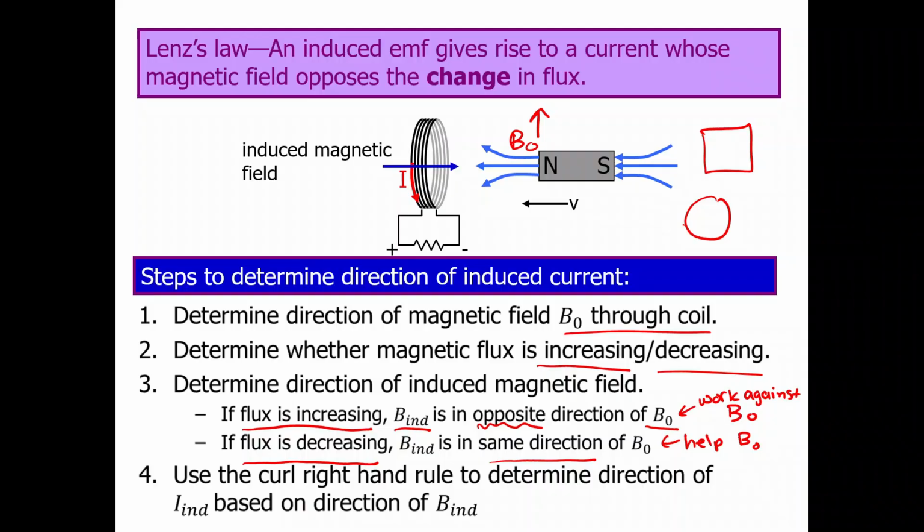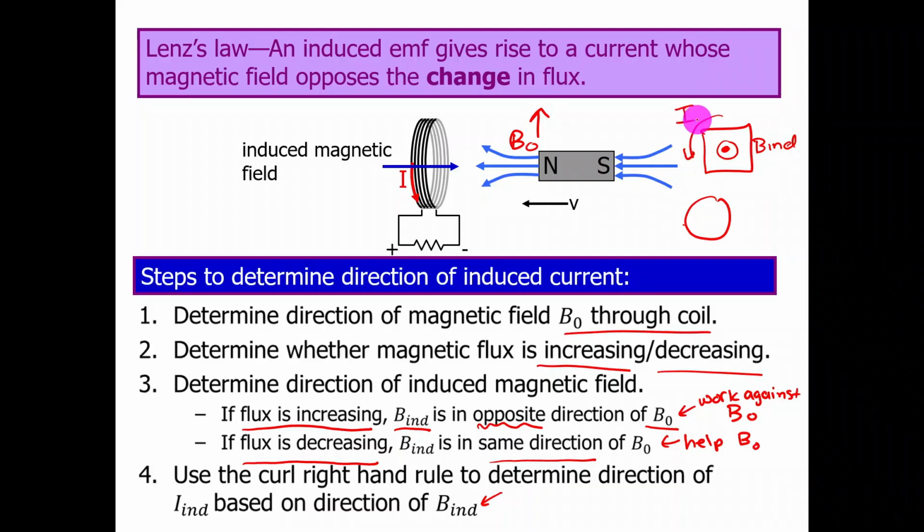And then once you figure out the direction of B induced, you are going to use it to find I induced. So for example, if I figure out that in this square loop my B induced must be out of the page to oppose the change, then I put my thumb out of the page and curl my fingers around.